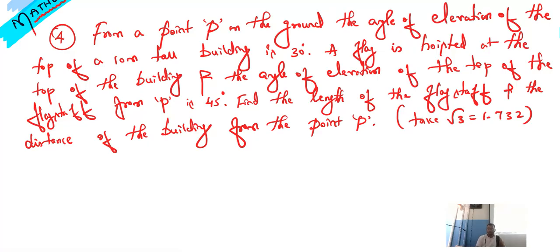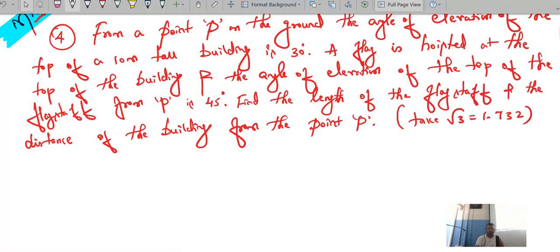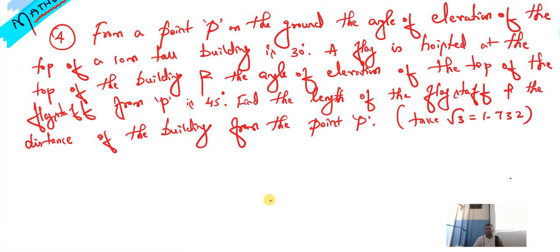Here, observe here students. The given question is: from a point P on the ground, the angle of elevation of the top of a 10-meter tall building is 30 degree. A flag is hoisted at the top of the building and the angle of elevation of the top of the flagstaff from P is 45 degree.